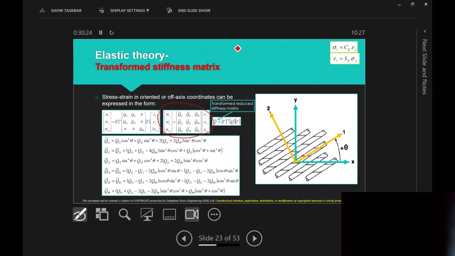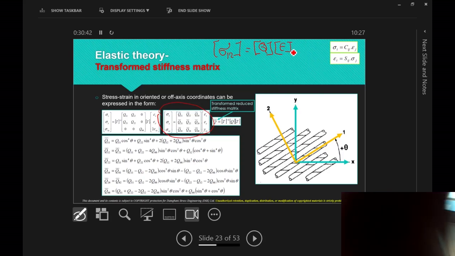So we said sigma 1, 2 was essentially Q matrix and then epsilon matrix. Now I want x and y's.